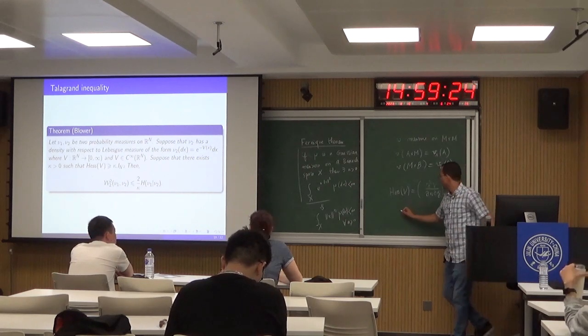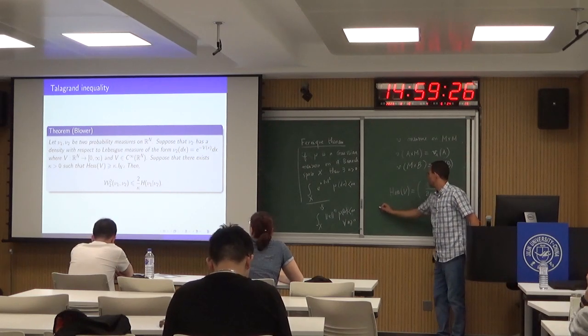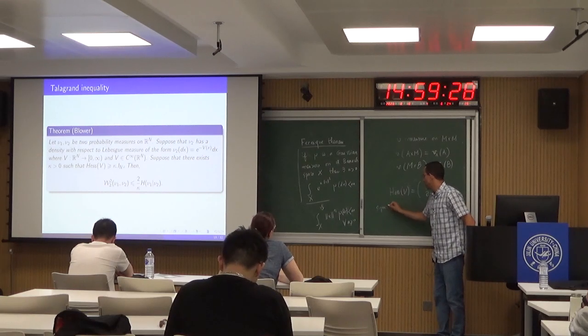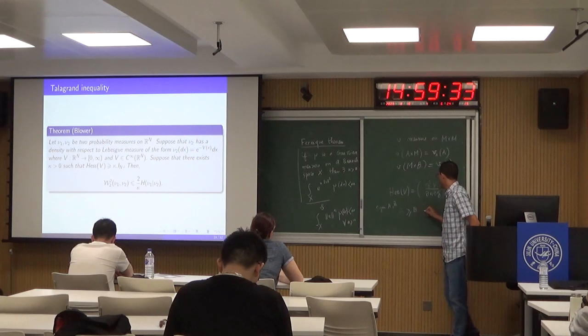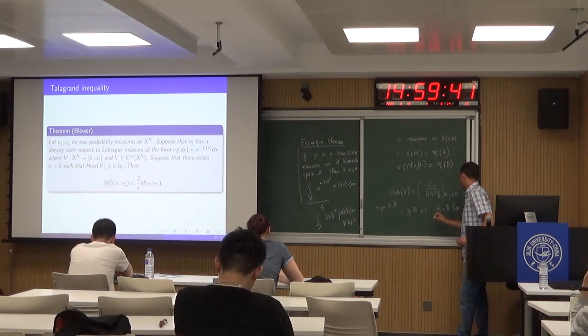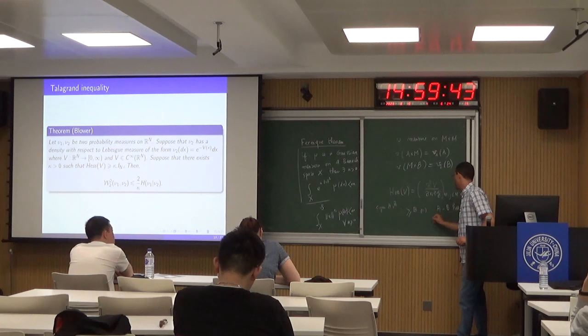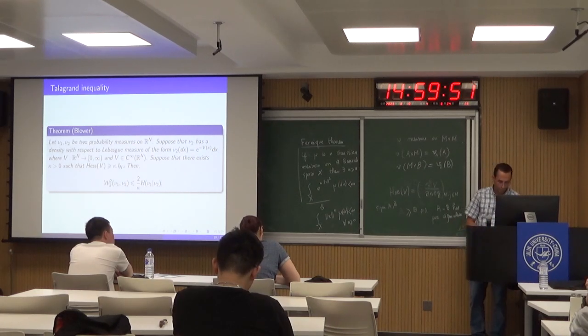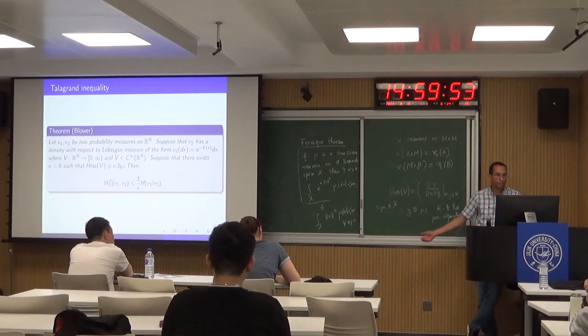So write that for symmetric matrices A and B, A is greater than B means that A minus B has positive eigenvalues. Right? Symmetric, positive, semi-definite.